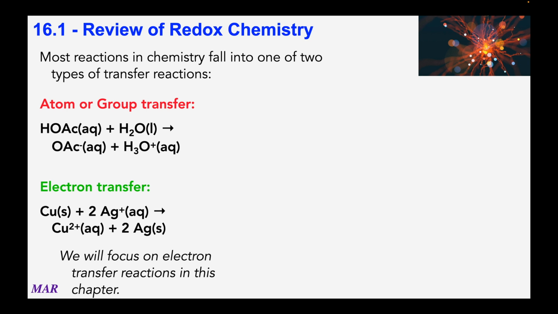But likewise, the silver plus becomes silver 0 as silver metal, so the silver plus has to gain electrons in order to become silver metal. So you can see the electrons here are being transferred essentially from the copper to the silver plus. And in the process, you end up with copper, which is more positive, copper 2 plus, and silver, which is less positive, i.e. silver 0 or silver metal in this case. So these are going to be the kind of reactions we're going to look at in this chapter.